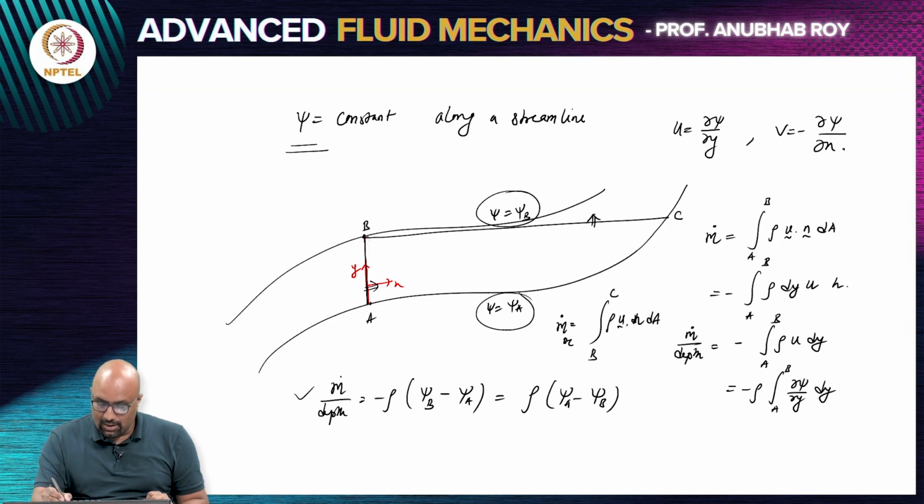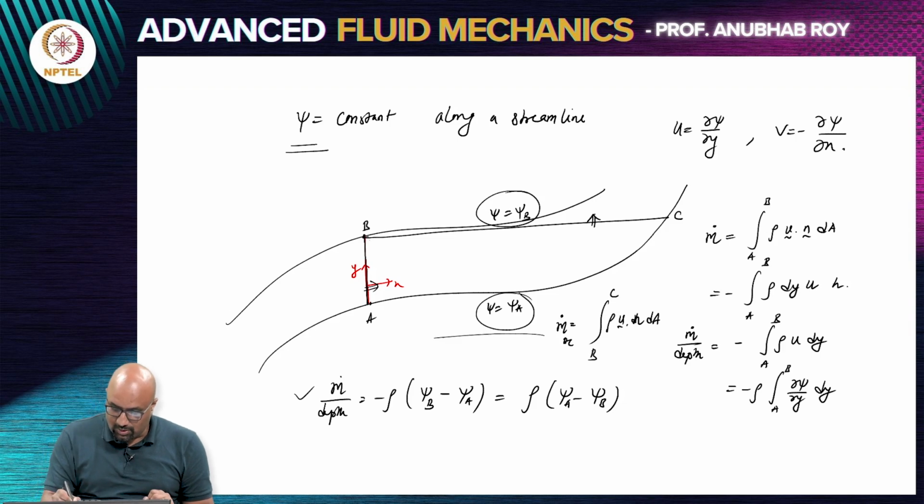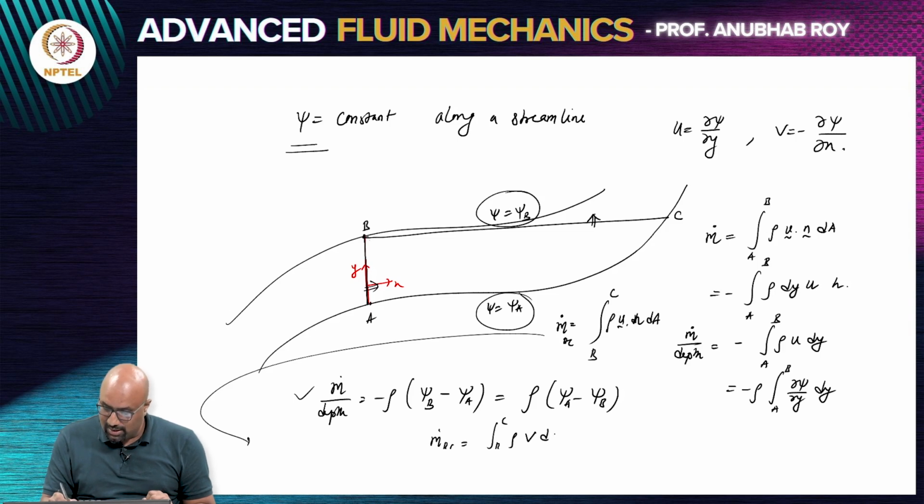Here the velocity is in the y direction, which is pointing out, and the normal is also pointing out. So, m dot BC is going to be the integral from B to C of rho V dx. This is again per unit depth.